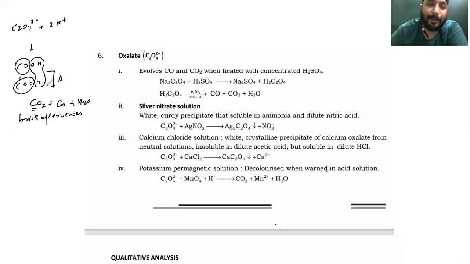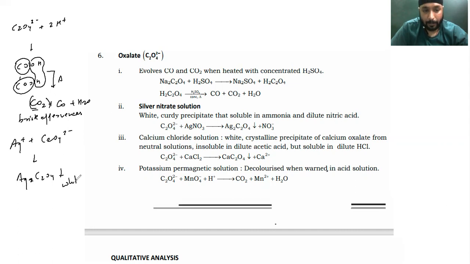Okay. Now exactly what you have to do here. I got this brisk effervescence, though it might be present over there. Now the second test is the silver nitrate test. Now Ag+, when it reacts with your oxalate solution, leads to the formation of Ag2C2O4, which is a white precipitate.